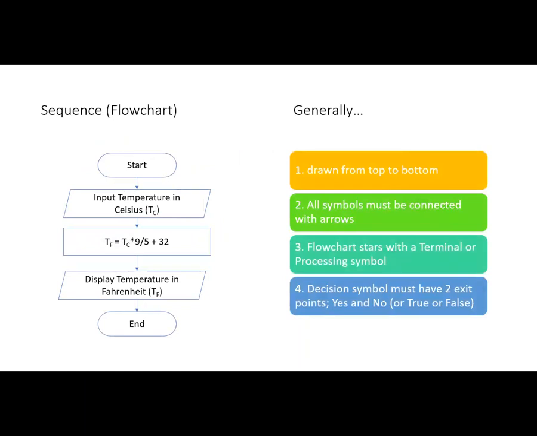This is a flow chart of the previous algorithm. Any flow chart should start with the terminal symbol, and we use the same symbol to end the algorithm. These are essential.